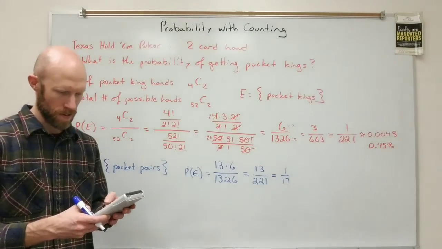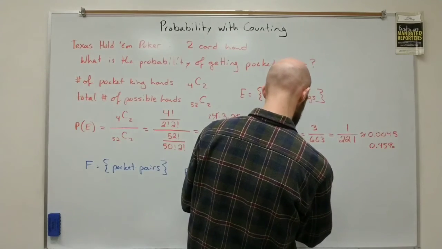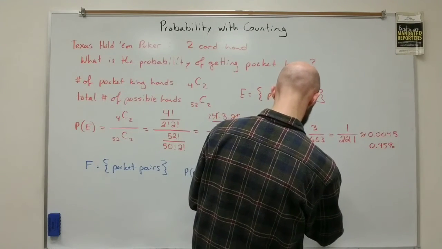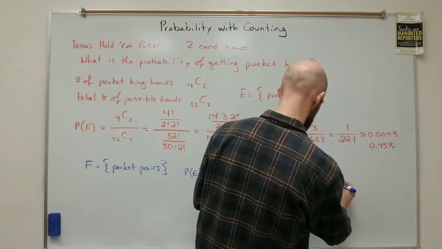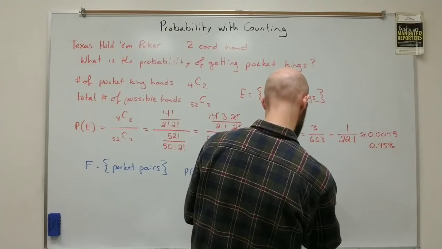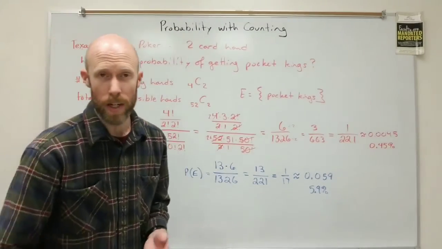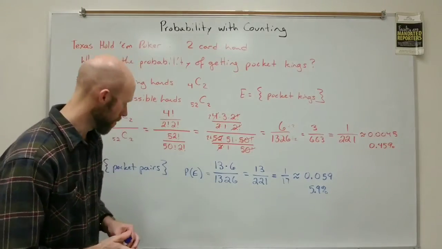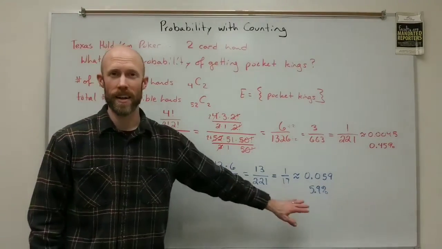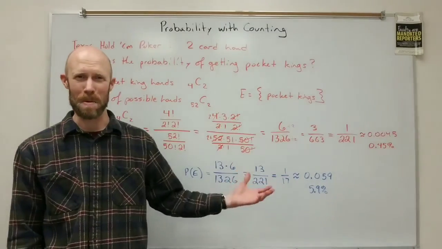And 1 divided by 17 is approximately 0.059, or 5.9%. So you have a 5.9% chance of getting a pocket pair on any given hand. Now, I feel like I could play all night, 40 or 50 hands of poker, and never seem to get a pocket pair.